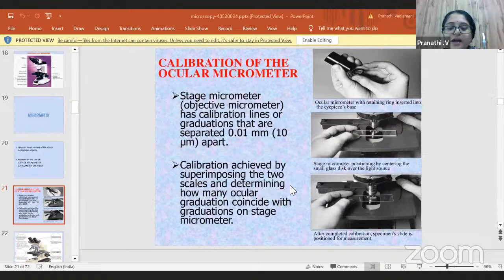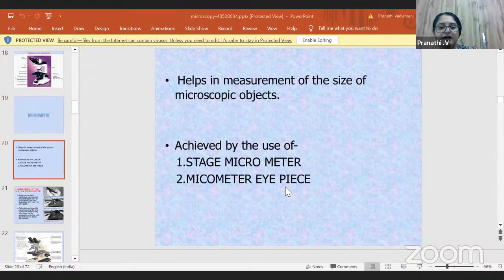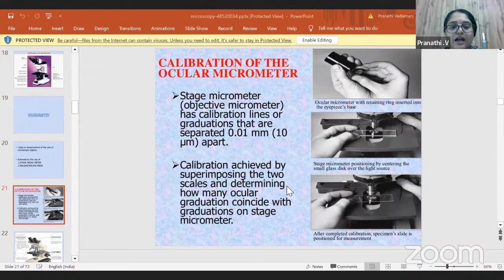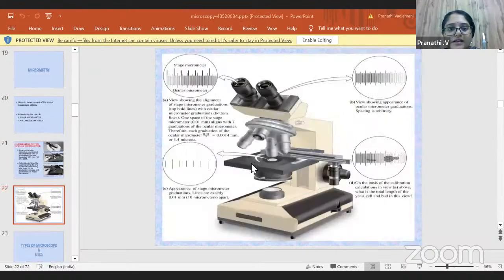It is achieved by superimposing both scales, the stage micrometer scale and the eyepiece scale, together, and then getting the size. So this is the stage micrometer and this is the ocular micrometer. You put them together and then you're able to measure the size of the cell or cell organelle that you're going to see.